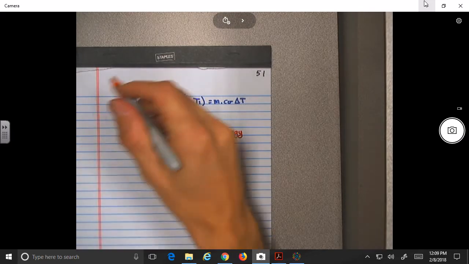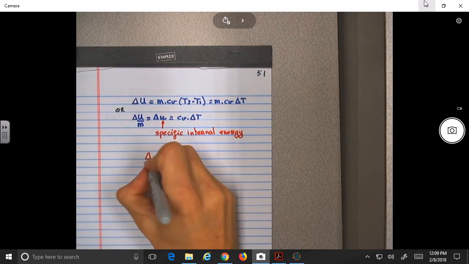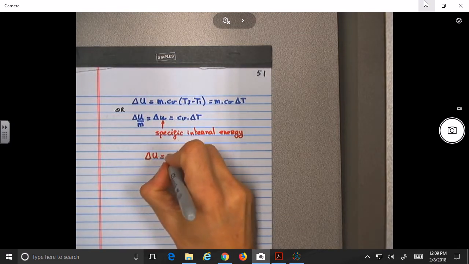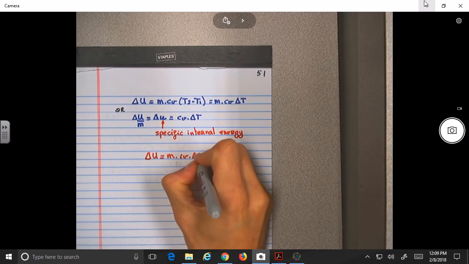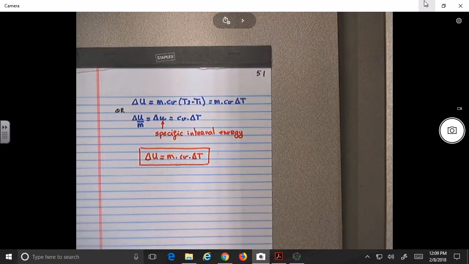So really, what I want you to remember is this: change in internal energy equals m CV delta T. Does that apply to all processes? It doesn't matter if it's isobaric or isochoric, delta U will still be the same.